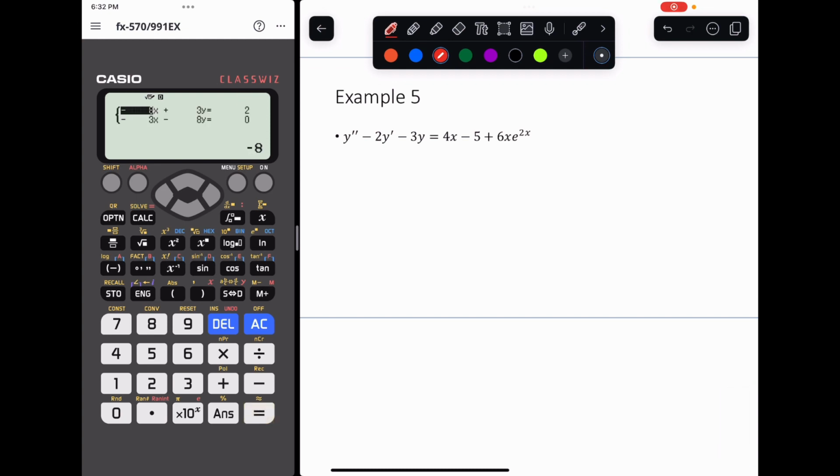So let's verify. We have m squared minus 2m minus 3 is equal to 0. It's a second degree polynomial equation, so we have 1, negative 2, and negative 3.